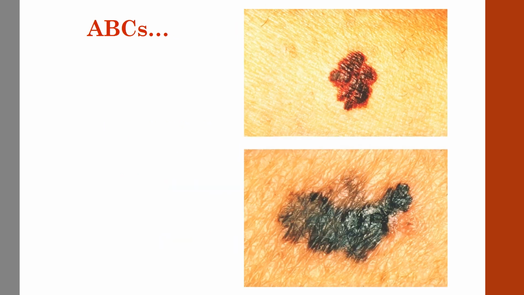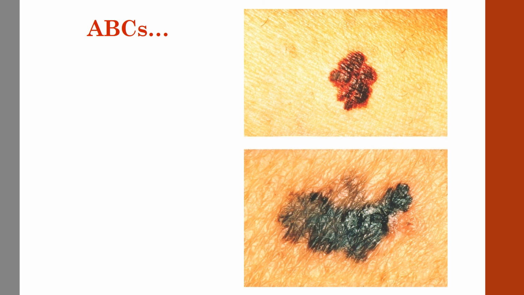Okay, again, ABCs. These are two melanomas here. And I know you guys are getting tired and sleepy, but we'll be done in a minute. See the color changes. Red and black at the same time is atypical.